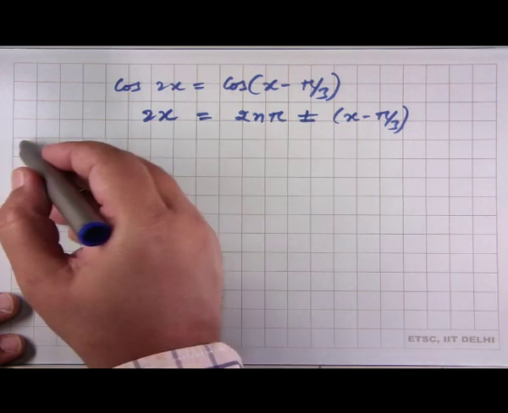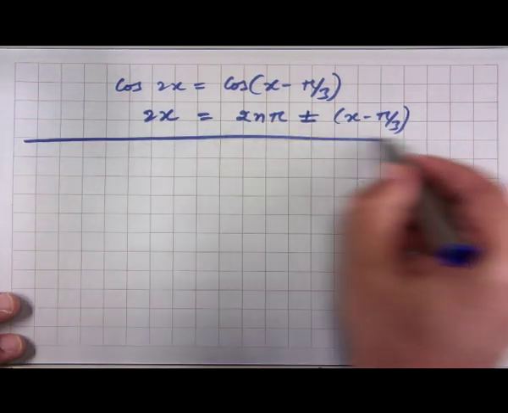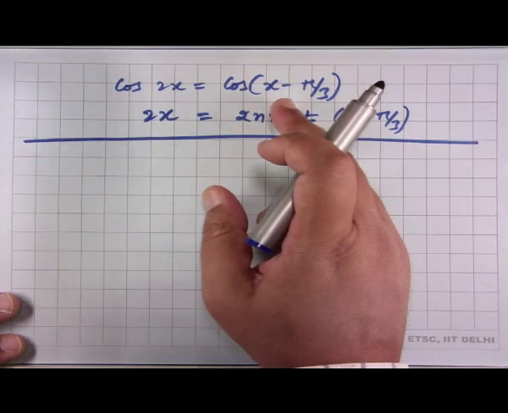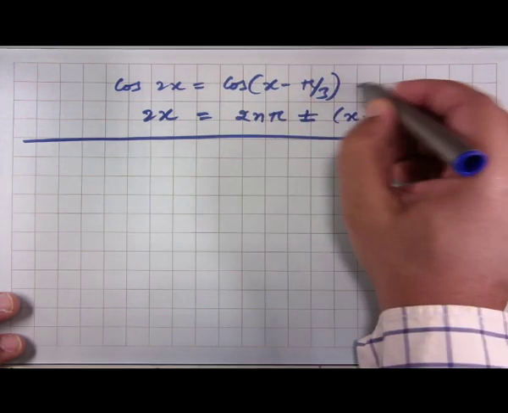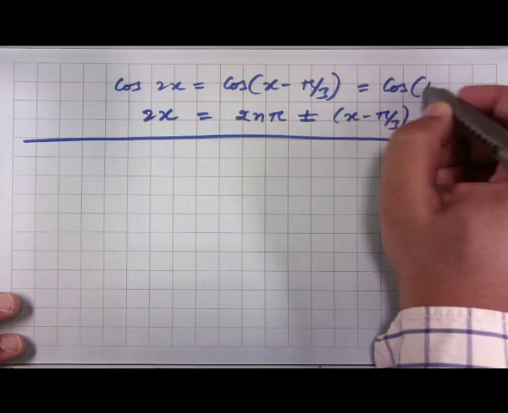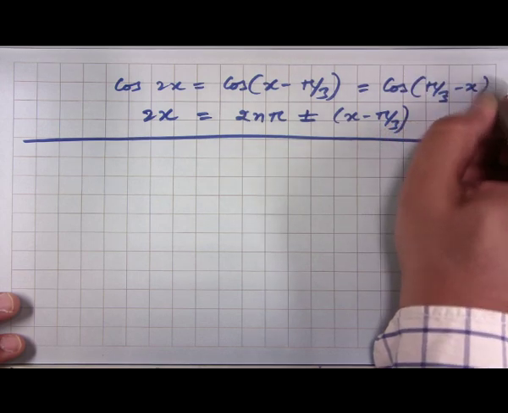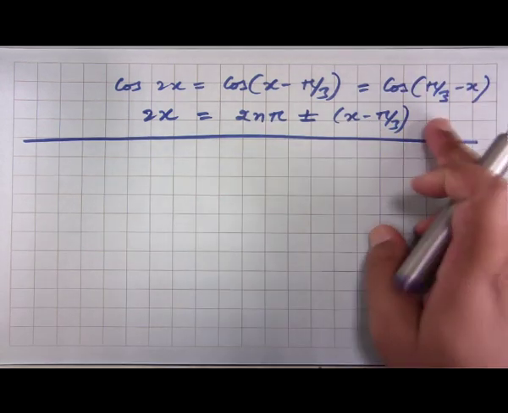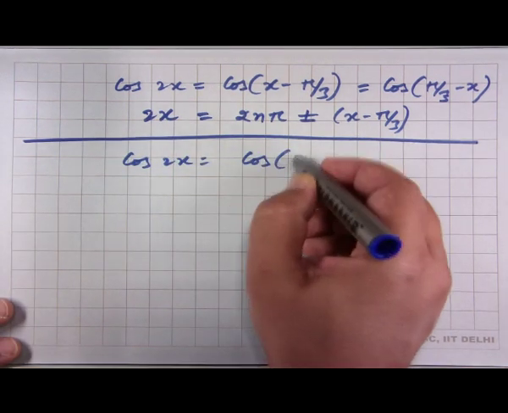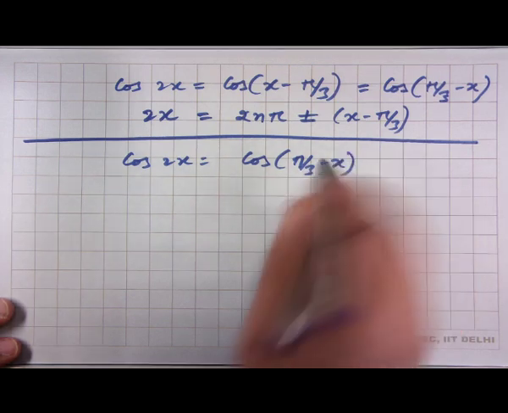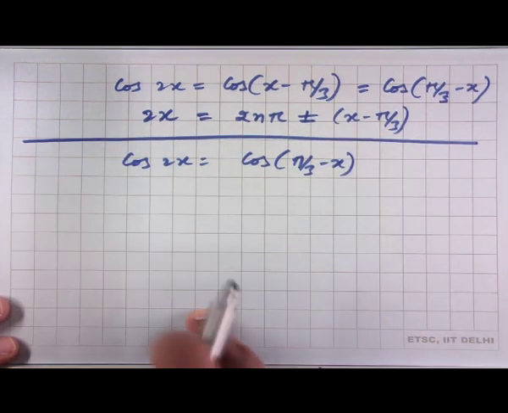Now, some student might wonder that since cos is an even function, cos of x minus pi by 3 is actually also equal to cos of pi by 3 minus x. So if we start with cos of 2x equal to cos of pi by 3 minus x, and then solve it exactly in the manner we did, are we going to get the same set of solutions?